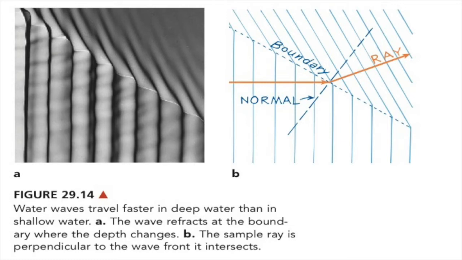In drawing a diagram of a wave, it is convenient to draw lines called wave fronts that represent the position of different crests. At each point along a wave front, the wave is moving perpendicular to the wave front. The direction of motion of the wave can thus be represented by rays that are perpendicular to the wave fronts.